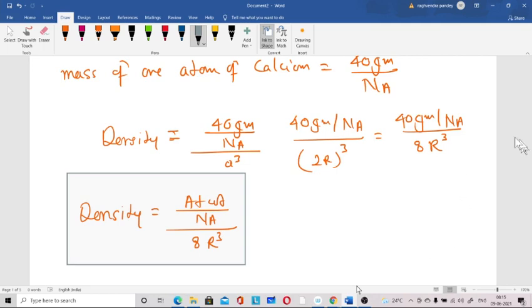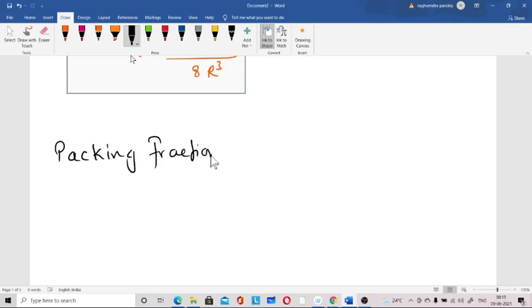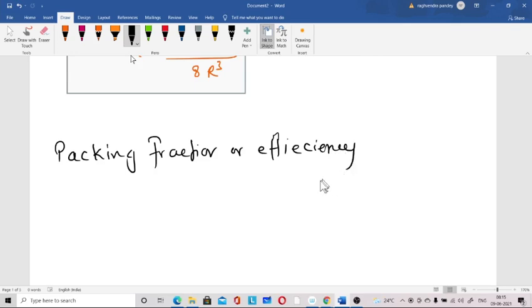Okay. Now, coming on to our next, your packing fraction. Packing fraction, or sometimes it is called packing efficiency also. Now, what is packing efficiency?